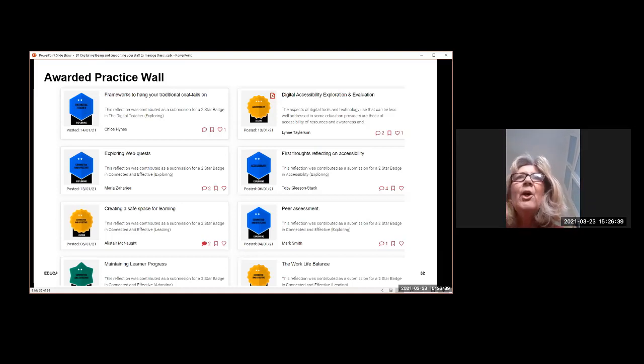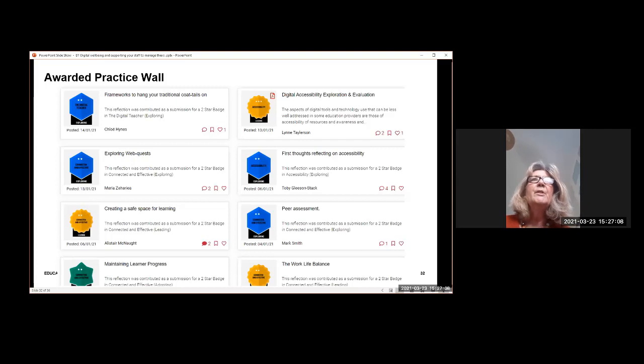So clicking on those is a really good way of finding out how others are putting into practice some of the learning, sharing thoughts, and there are some fantastic threads and posts where teachers are really sharing practice, talking about how they are putting the learning into practice in their particular context. So do take a look at the awarded practice wall.